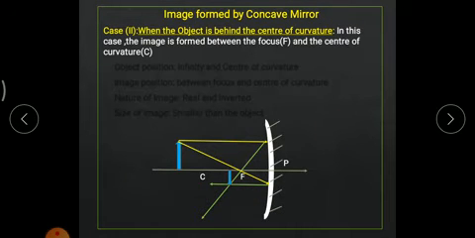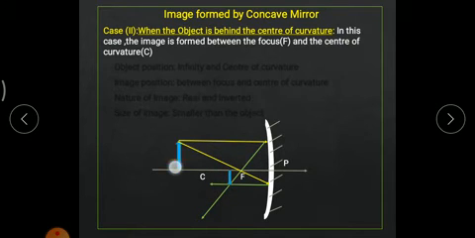At the point of intersection of both reflected light rays, this was the reflected ray of the first situation, and this was the second one. The image would be formed at the point of intersection between both the reflected light rays, so the image has formed over here.